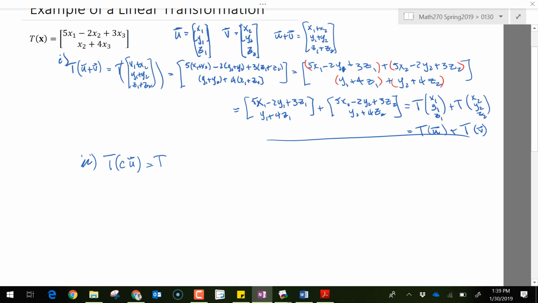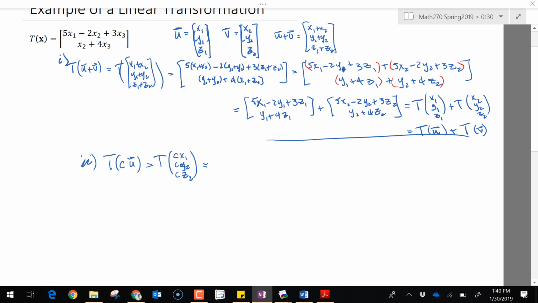We want to see what happens when we scale the vector. So scaling the vector is like saying c x1, c y1, c z1. Scaling says that you're going to multiply all the components by that constant, by that scalar.